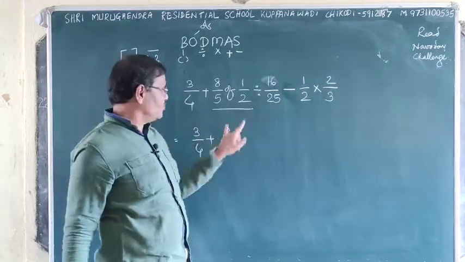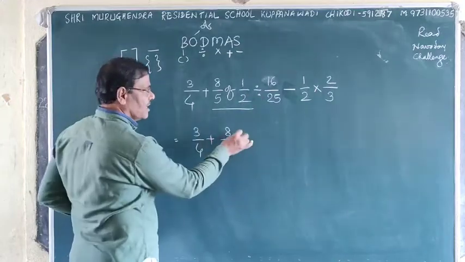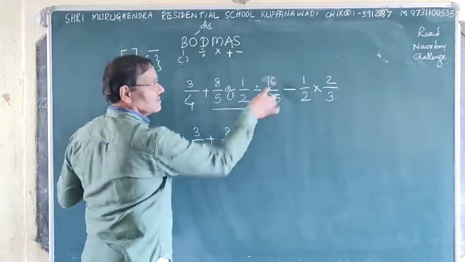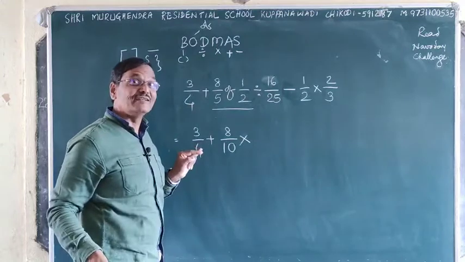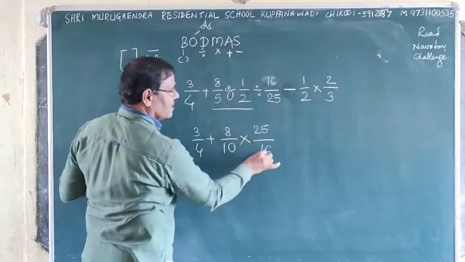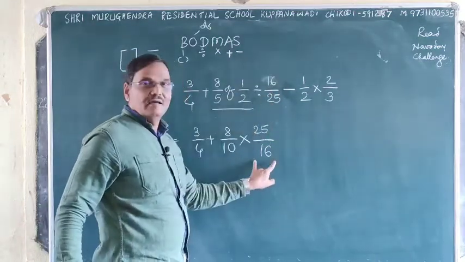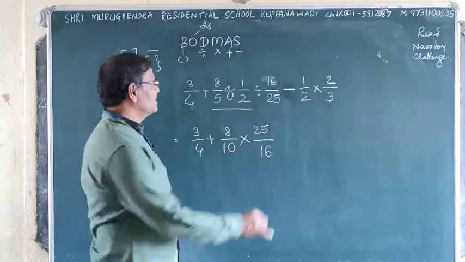Before division I am doing this. Now I am multiplying this because I am taking the reciprocal of 16 by 20. Right? When you multiply, make it reverse.